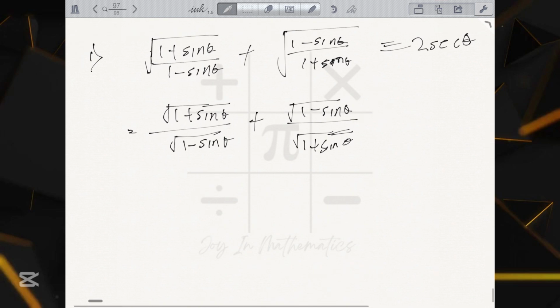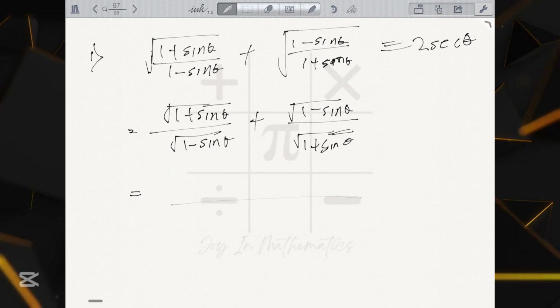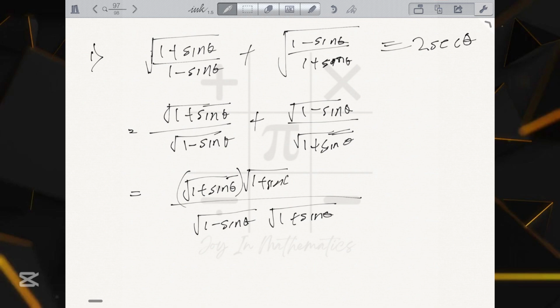Now to solve this further, we are going to apply LCM. So let's take the LCM to give us the square root of 1 minus sine theta multiplied by the square root of 1 plus sine theta, and the numerator will be the square root of 1 plus sine theta multiplied by the square root of 1 plus sine theta, plus the square root of 1 minus sine theta multiplied by the square root of 1 minus sine theta.